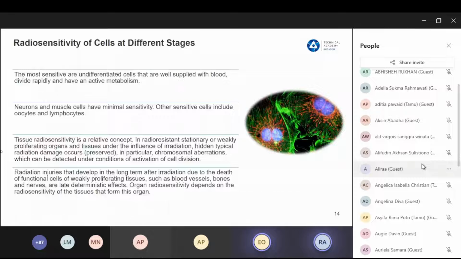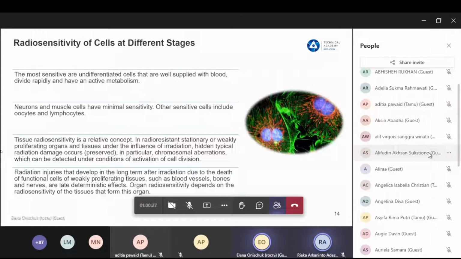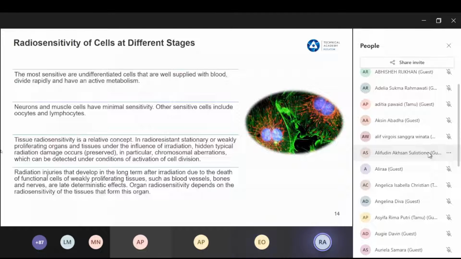Tissue radiosensitivity is a relative concept. In radio-resistant stationary or weakly proliferating organs and tissues, hidden typical radiation damage occurs under the influence of irradiation.